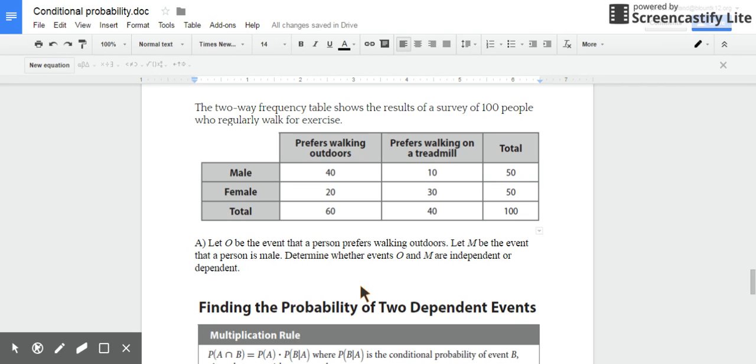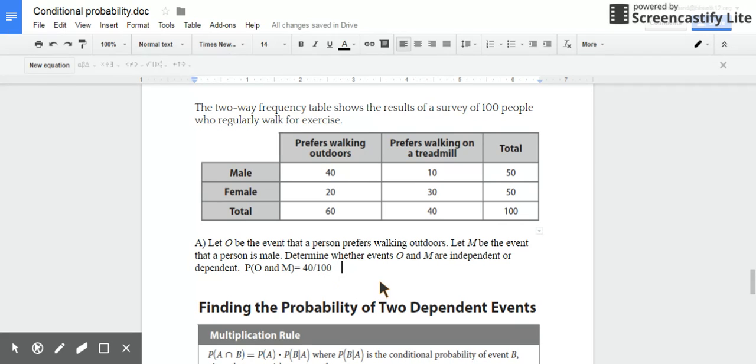If we do the probability of O and M, remember that "and" is your intersection. Of all of our events, we've got 100. Where they intersect, you've got a male who prefers walking outdoors. You've got 40, so this is 40 out of 100. That's the intersection of those two events.